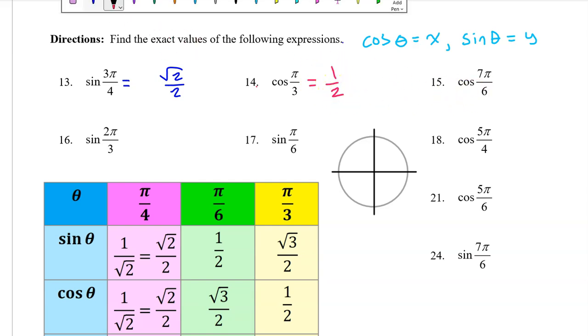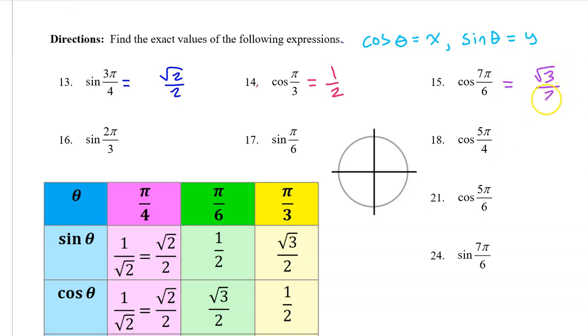Number 15, the cosine of 7 pi over 6 will be the same as the cosine of pi over 6, which is radical 3 over 2, except it might be negative depending on the quadrant. With this denominator of 6, let's think of pi as being 6 pi over 6.